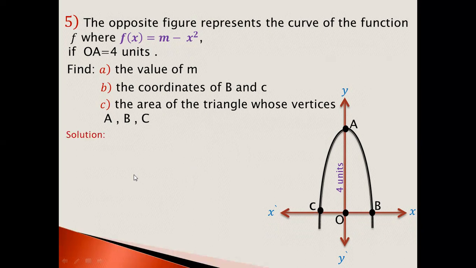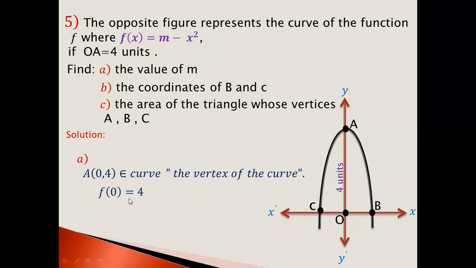What should I do to find the value of the unknown m? We can use the point A, because the point A belongs to the curve. Actually, it is the vertex point of the curve. Since A belongs to the curve, that means the image of the element 0 is 4, or f of 0 equals 4.